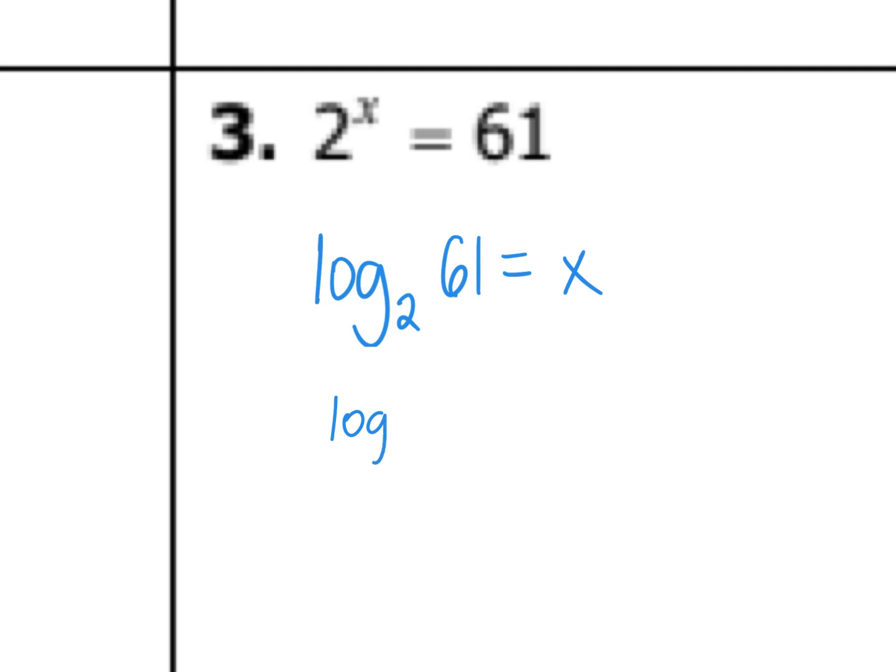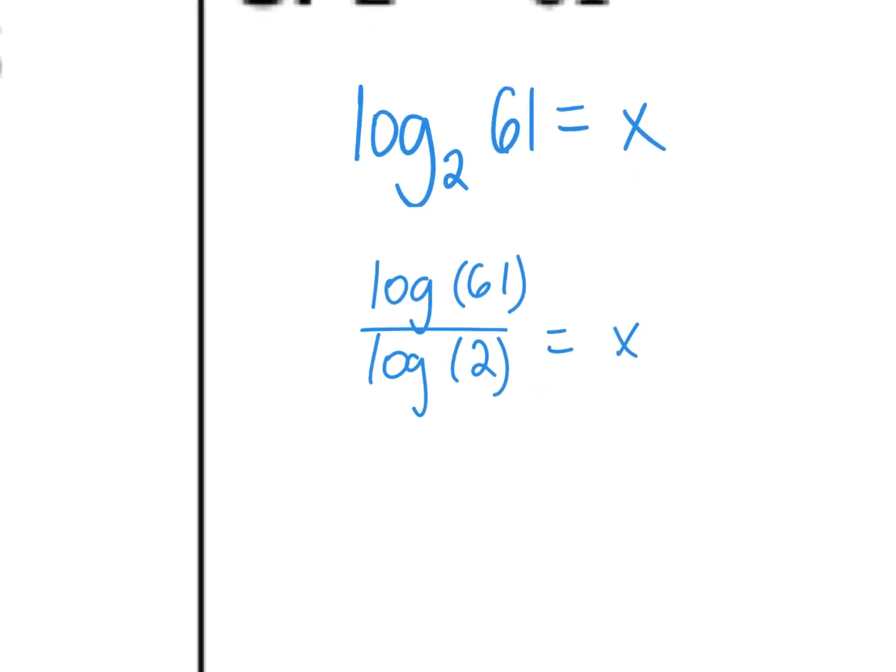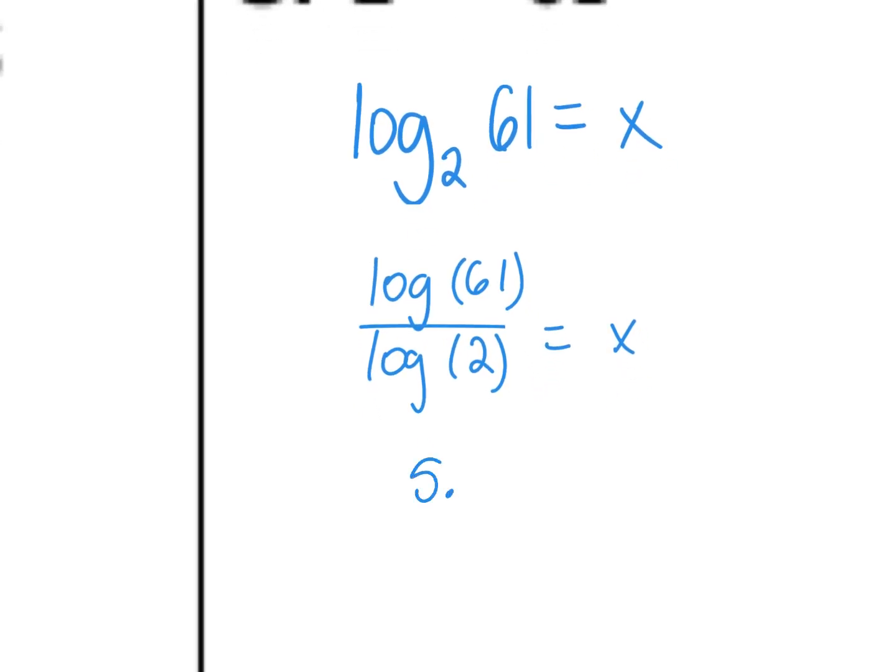Log of 61 divided by log of 2. Log of A divided by log of B. What is that? 5.9? 5.93? I'm going to round to the hundredths place. Okay, cool. 5.93. That is it.